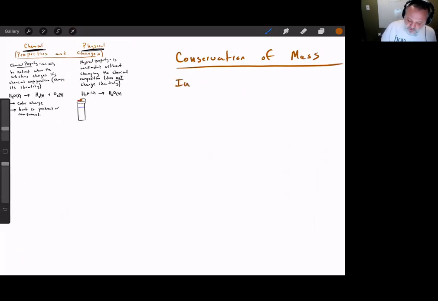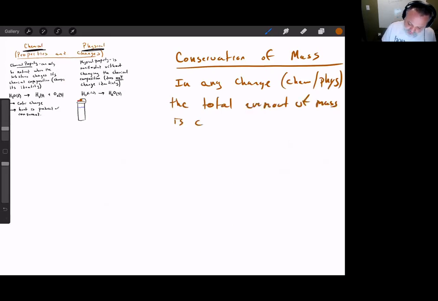One thing that we need to know is that in any change, chemical or physical, the total amount of mass is constant.